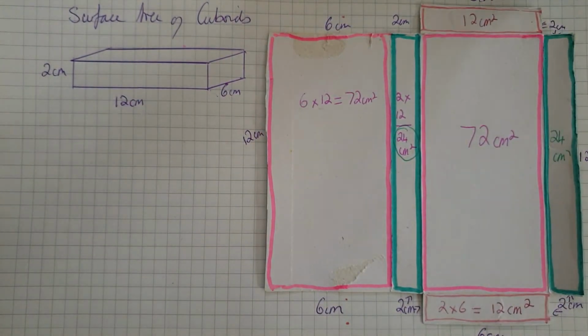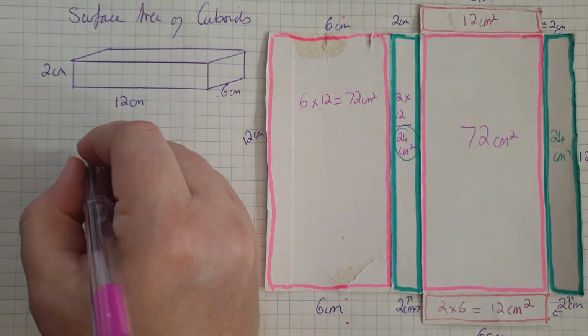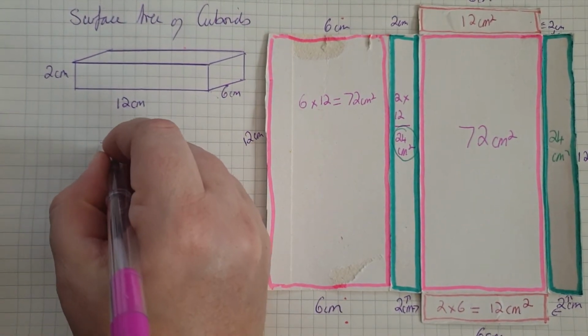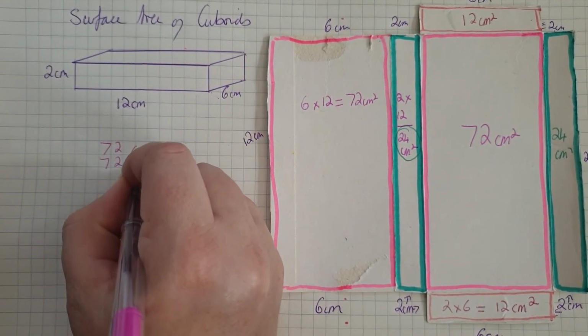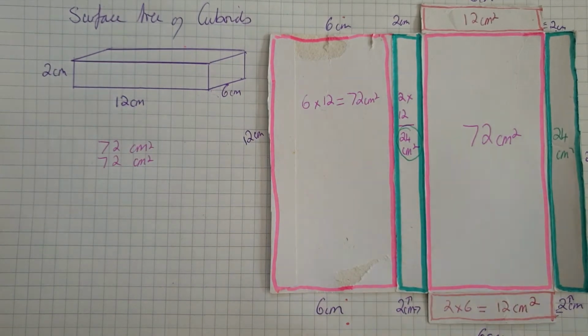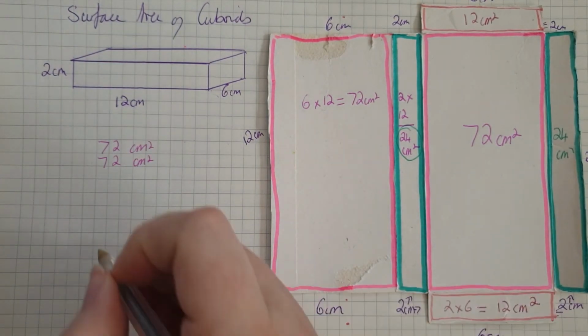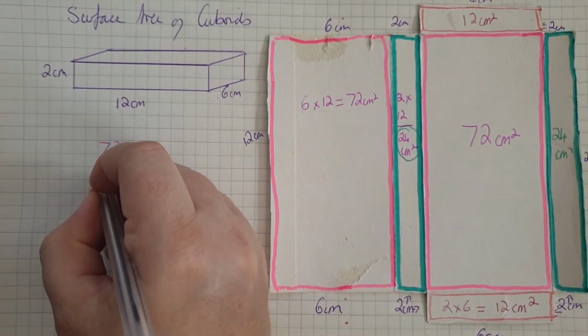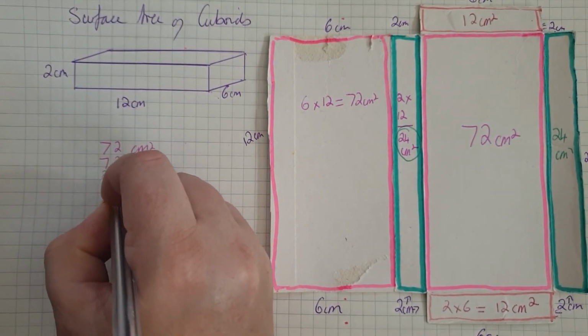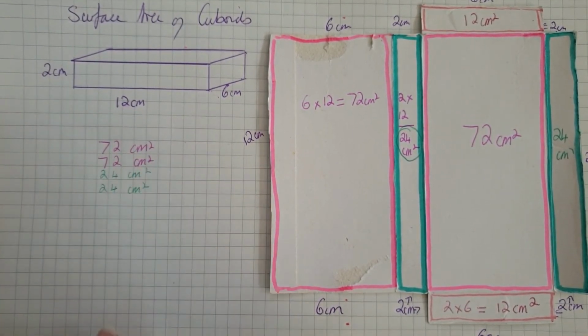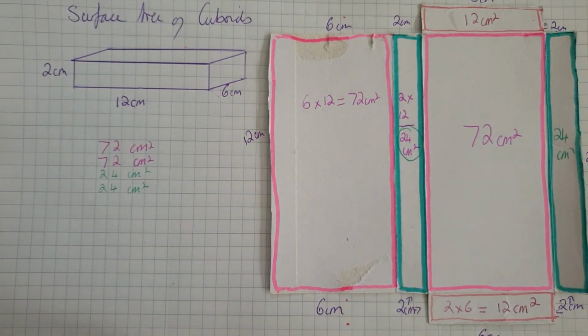So we know we have to add up the 6 faces together. So we've got 2 lots of 72. We have 2 lots of 24. And we have 2 lots of 12.